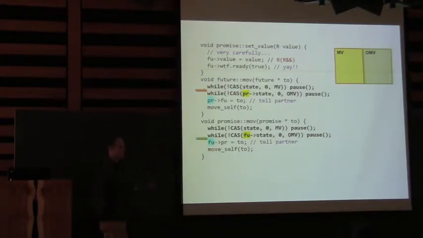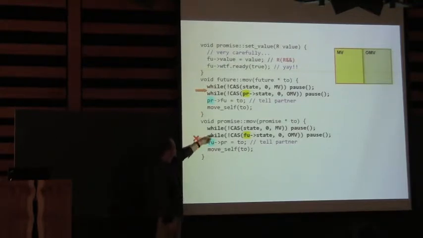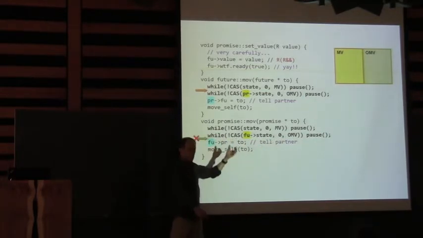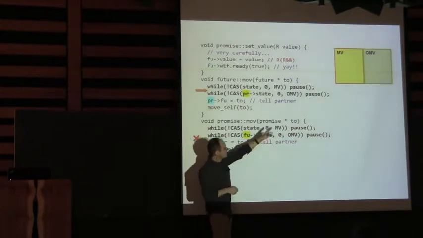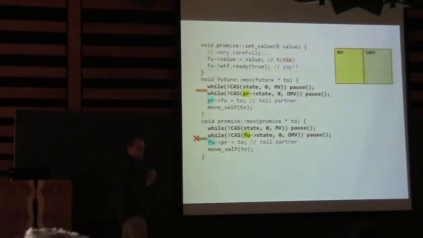But actually, look at these two lines of code, this state of the program. It isn't possible to be in this state. This guy only got past the first step if he set himself to be moving. If he said, I'm moving, this guy can't say, no, I'm moving. You set yourself to move, you set the other guy to O move. One guy says move. If I'm moving, I set the other guy to O move, right? They both try to do the same thing.